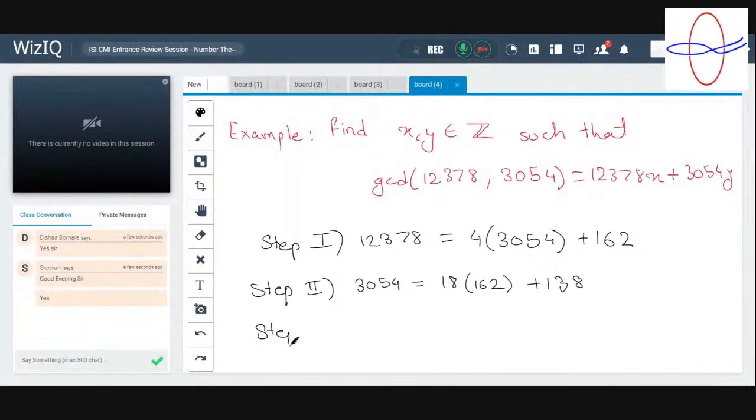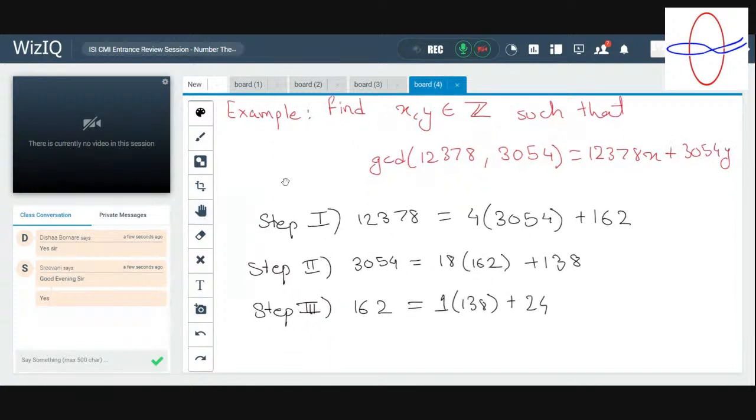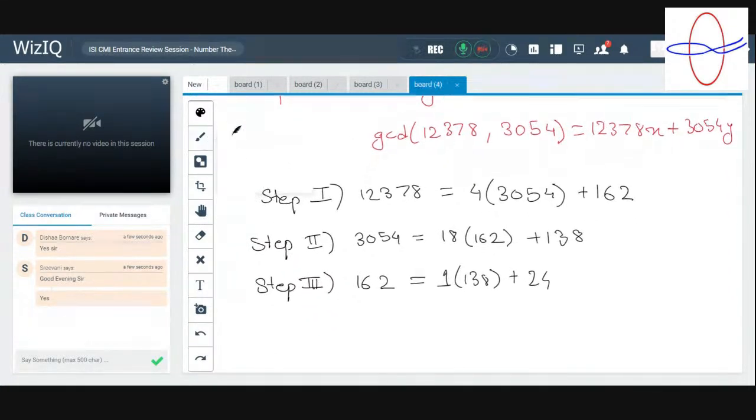Step 3, you write that 162 is actually 1 times 138 plus 24. And it's good practice to always write the thing that you're going to divide in the next step in the bracket so you don't lose track. Step 4.